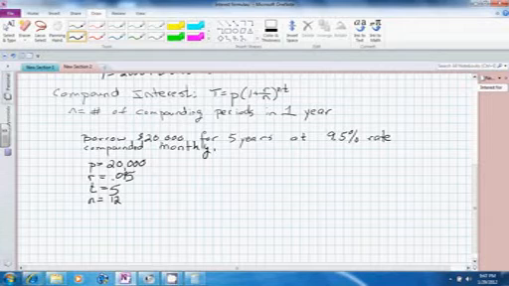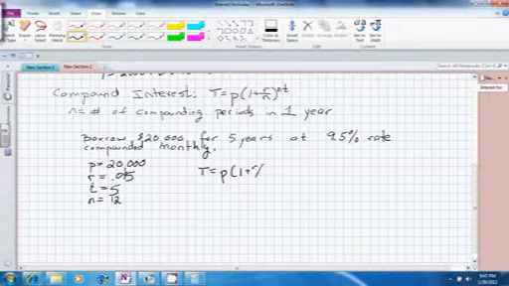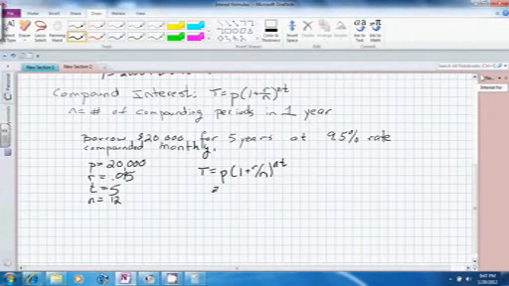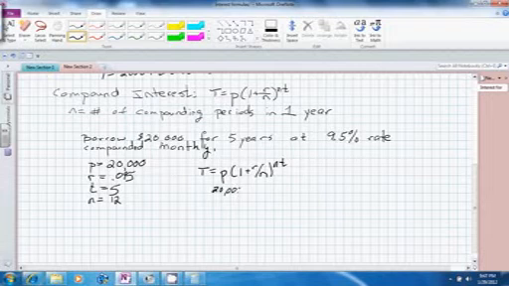So I substitute my information into the formula. That gives me 20,000 times 1 plus r, which is 0.095, divided by 12, raised to the nt. That would be 12 times 5.